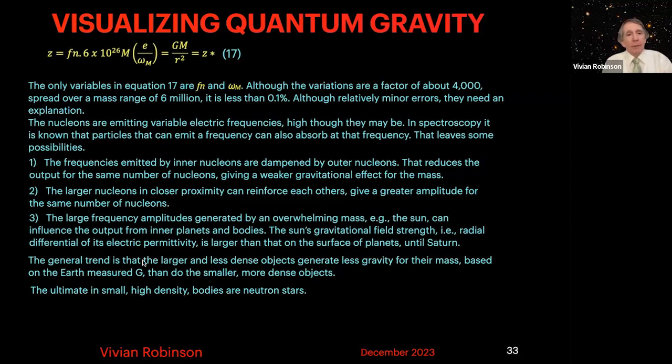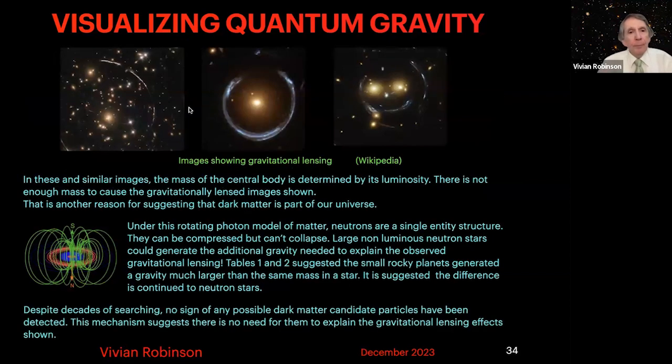However, the general trend is that the larger and less dense objects generate less gravity for their mass, based on Earth's measured g, than do the smaller, more dense objects. The ultimate in small, high-density objects are neutron stars. These are images showing gravitational lensing.